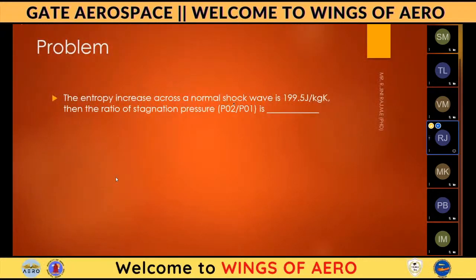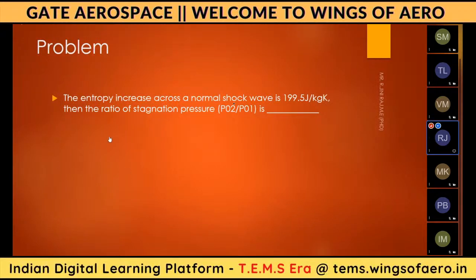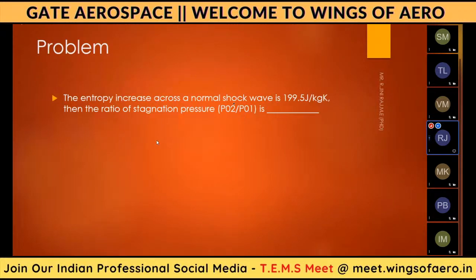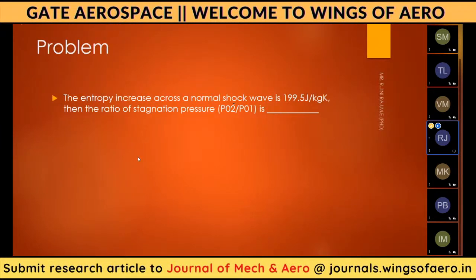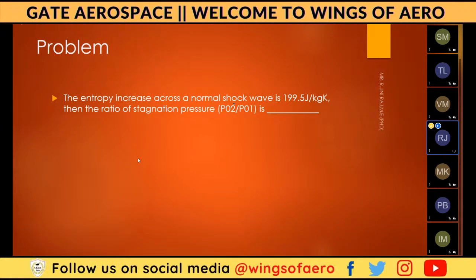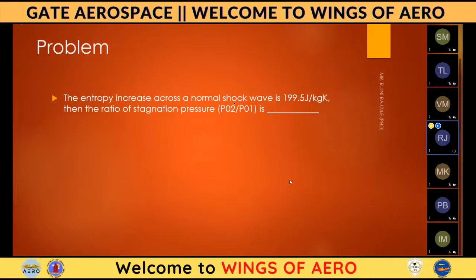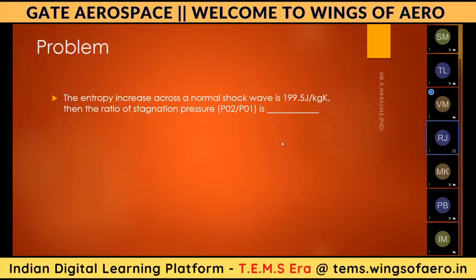Okay. Then just try to solve this problem. They have given the entropy increase across a normal shock wave as 199.5. We need to find the ratio of stagnation pressure P02 divided by P01. Please find this. It's 0.499, sir.